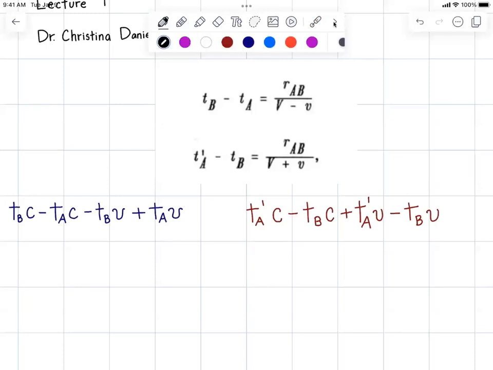As you can see, there are 3 unique time values, TA, TB, and TA prime. And Einstein says or defines that each of these time values are in the stationary frame.